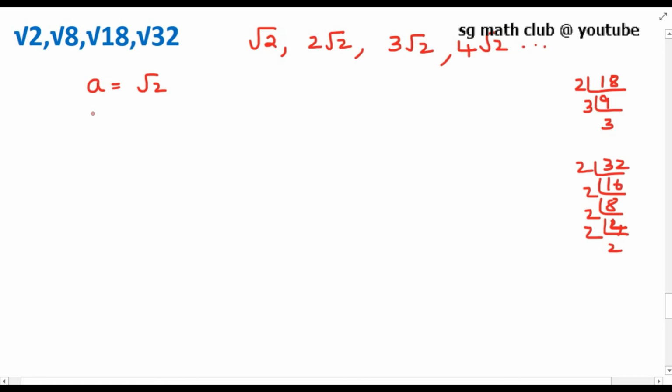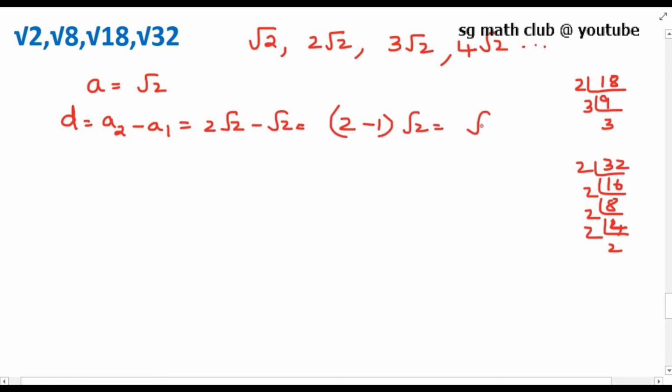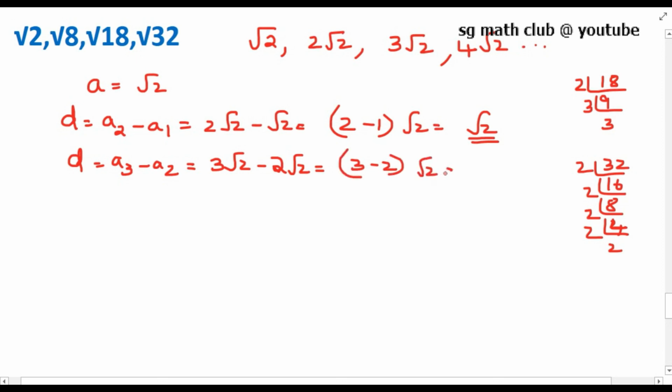So D is A2 minus A1, second term minus first term: 2 root 2 minus root 2. Root 2 is common, so the common difference is root 2. Again A3 minus A2, 3 root 2 minus 2 root 2, it is 3 minus 2 into root 2, that is also root 2.